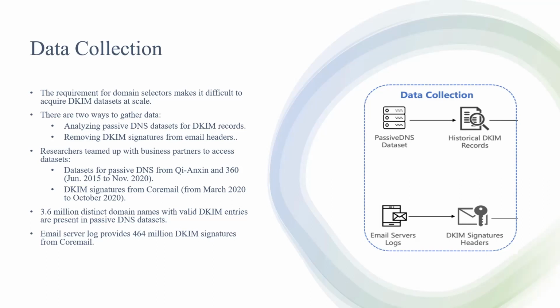As you can see in the attached screenshot, these are the steps researchers followed to collect the data. The first is passive DNS data sets, and the second is historical DKIM records.